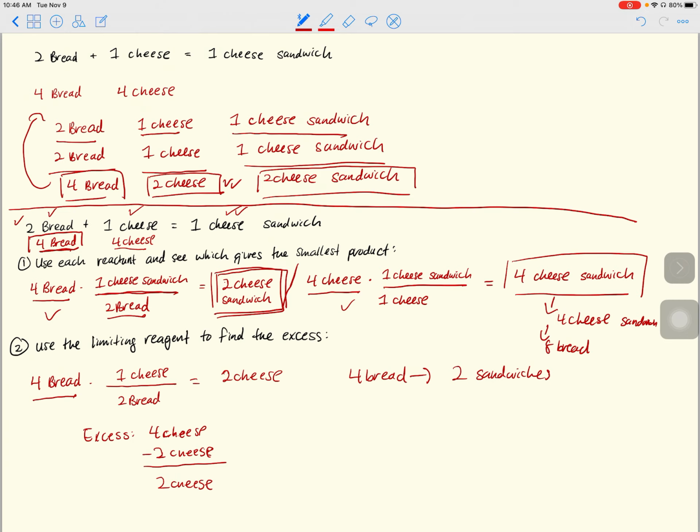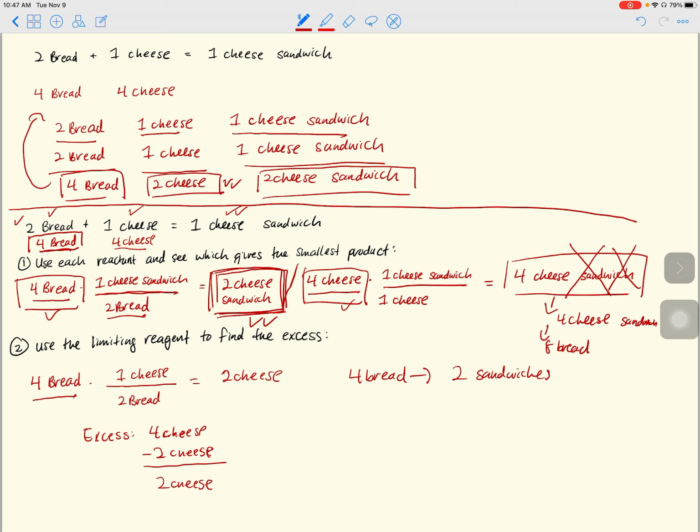And so this is super important that when you want to find a limiting reactant, you use the appropriate mole ratio for each reactant, but then you always choose the smallest product and eliminate the largest product that you have. Okay?